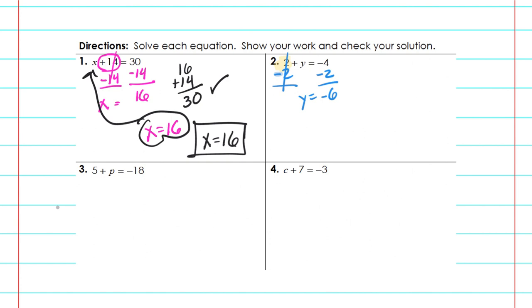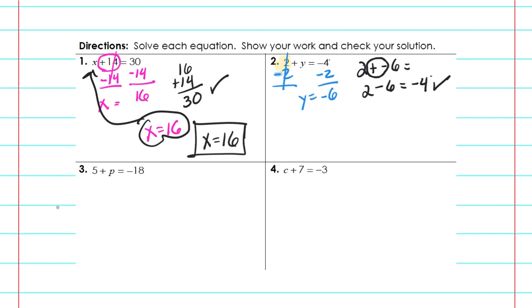Y equals negative 6. Again, I can check this by putting negative 6 in for y. So 2 plus negative 6. What do I get? Remember, if I plus a negative, that is the same as subtracting. So 2 take away 6 equals negative 4. And that is correct. Negative 4 is what I had over here.